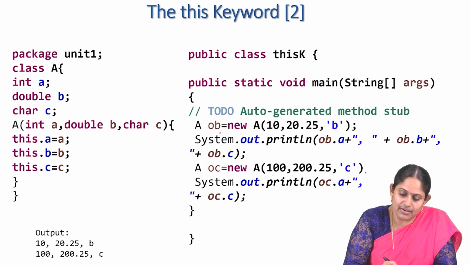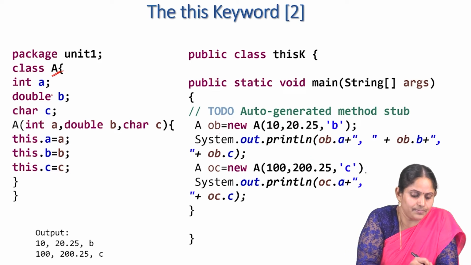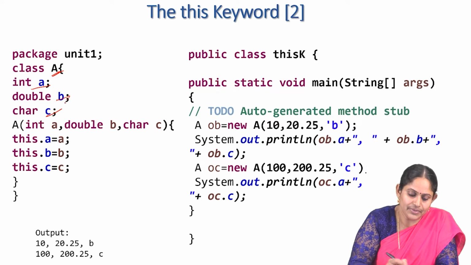So here we have a class named A with an integer variable, a double and a character, and this is the constructor for it.